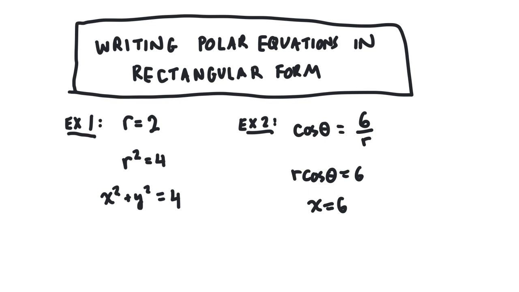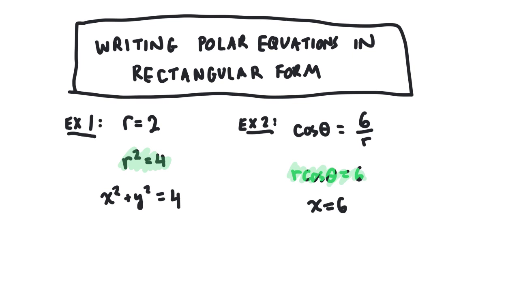In these two very simple examples, I think you see the two main strategies that you'll utilize when writing polar equations in rectangular form. On the left, we saw the strategy of squaring both sides, and on the right, we saw the strategy of multiplying both sides by r.